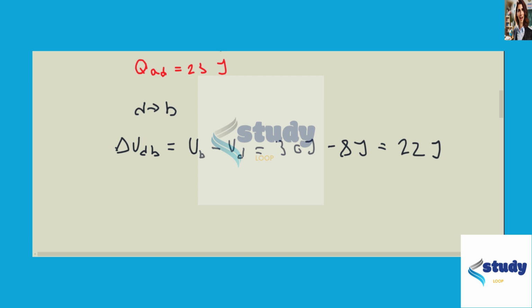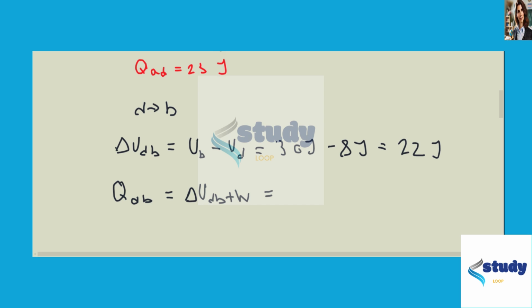And very important thing now, the Q, total heat, from D to B is, from the first law of thermodynamics, delta UDB plus W, and the work done in this case is 0.